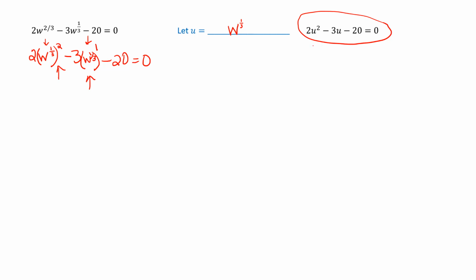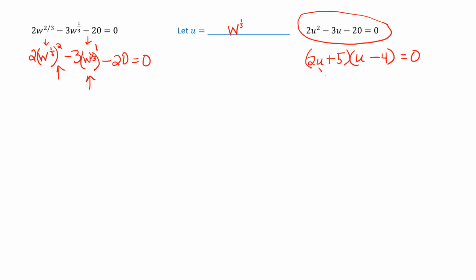So we can solve this by factoring. You've got 2u and u, and then you want to find two numbers that will add up to -3. So 4 and 5 multiply together give you -20. And then to get the -3, you want minus and plus.